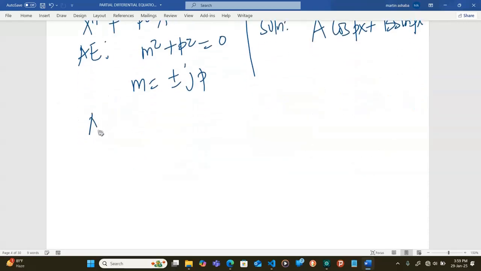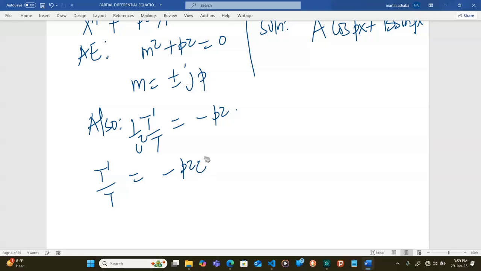Then also, remember we have T prime divided by T equivalent to negative p squared, and we cross multiply by the 1 over c squared. We'll have T prime divided by T equal to negative p squared c squared.